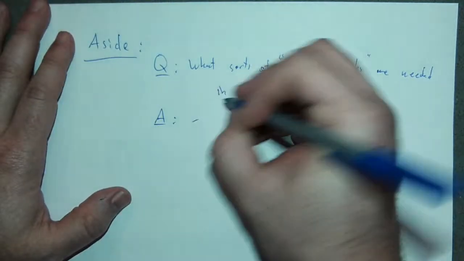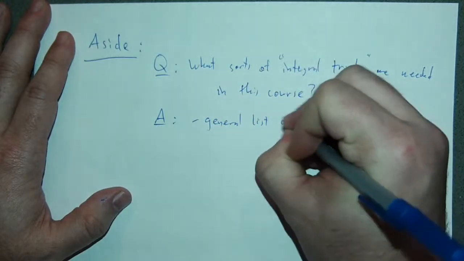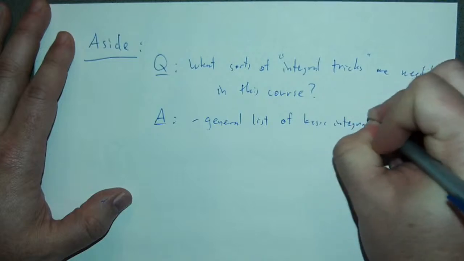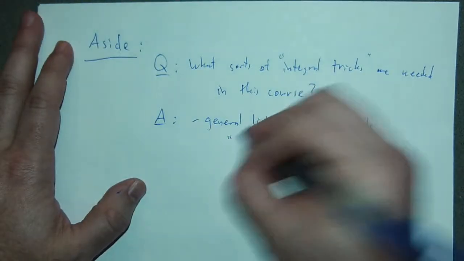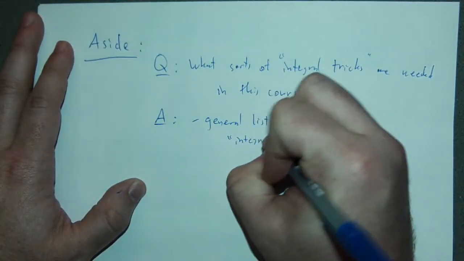So, a general list of basic integrals. When I say general list of basic integrals, these are the integration tables you might find in the front or back of a calculus textbook of your choice. So these are integration tables.